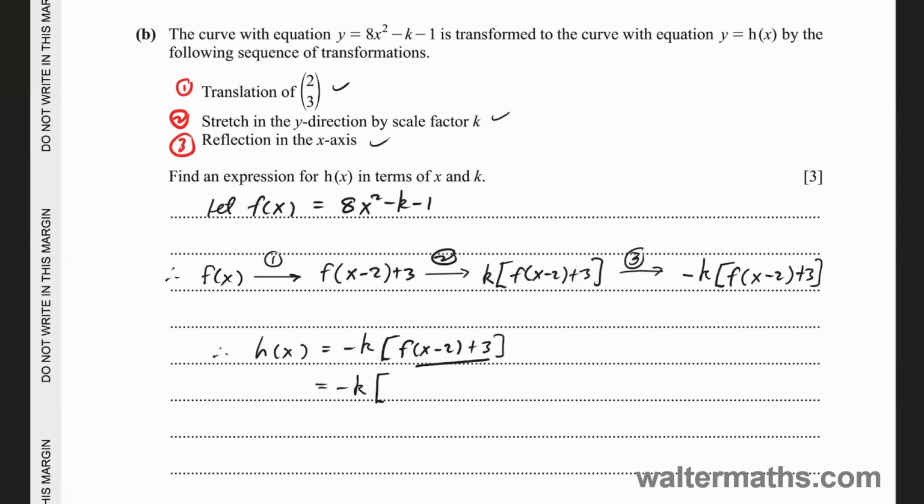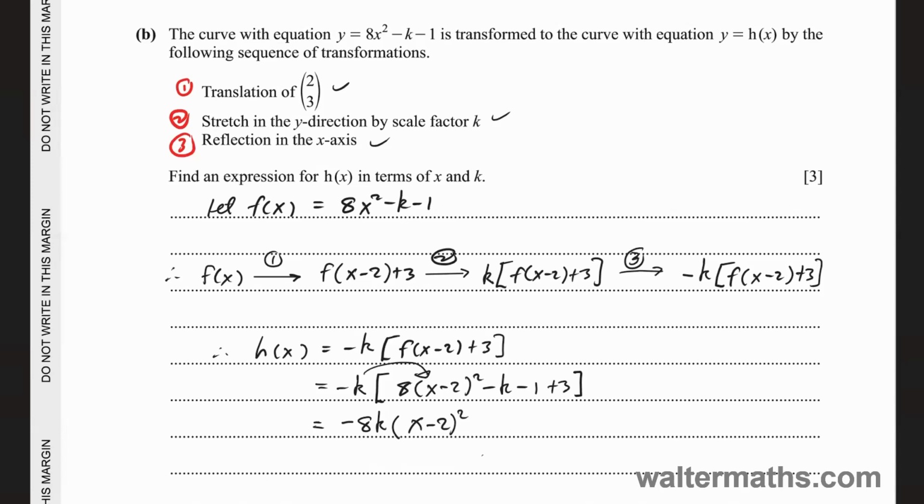And for what's inside here, f(x − 2) is 8(x − 2)² − k − 1, and there's a plus 3 here. So basically that. So that's going to be equal to −8k(x − 2)². Okay, so I've multiplied −k by this.